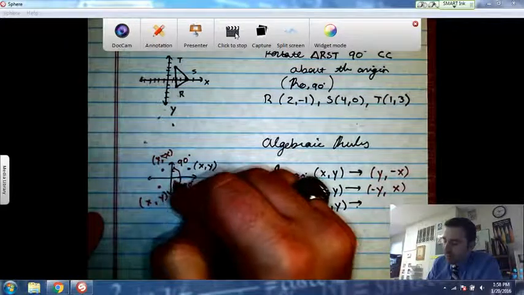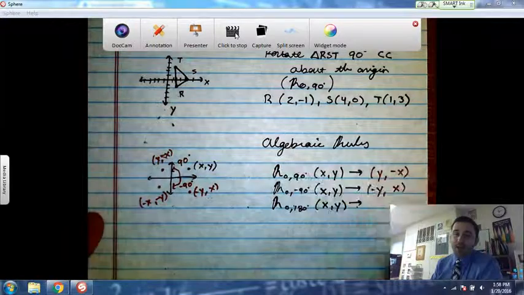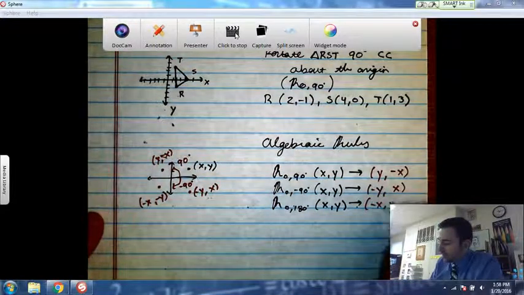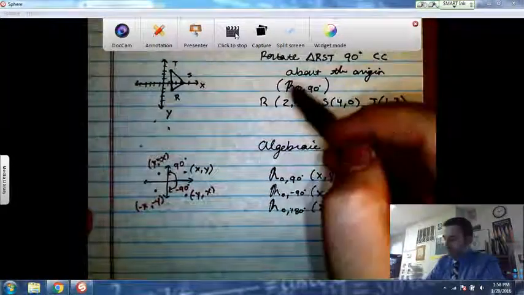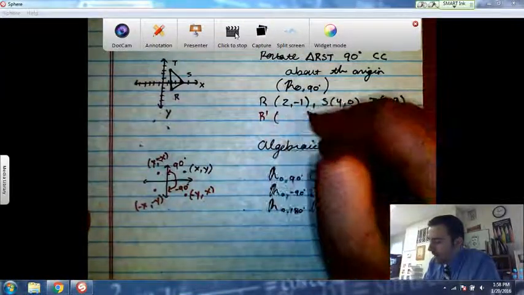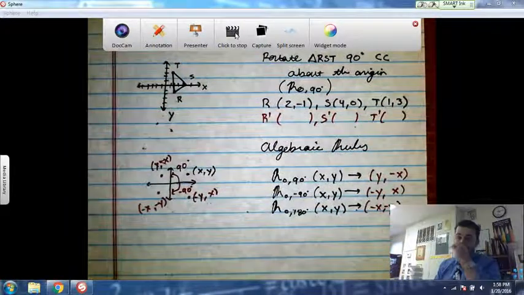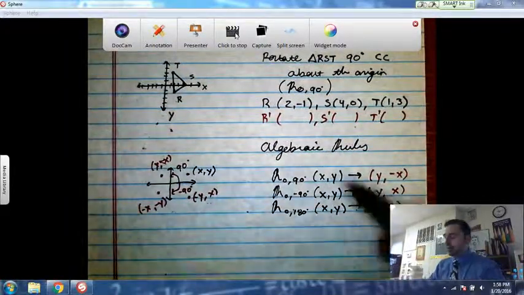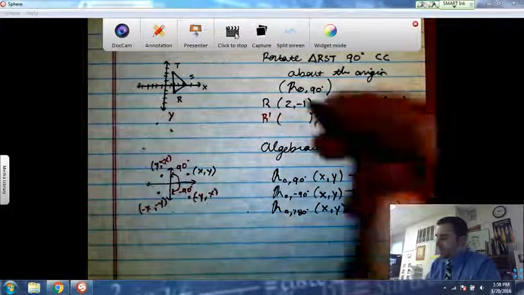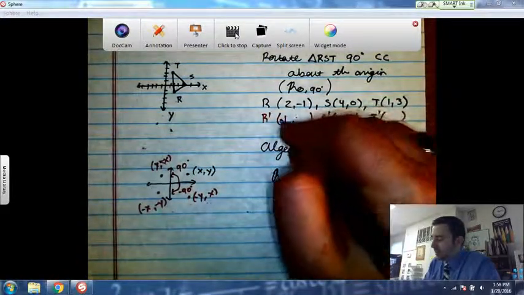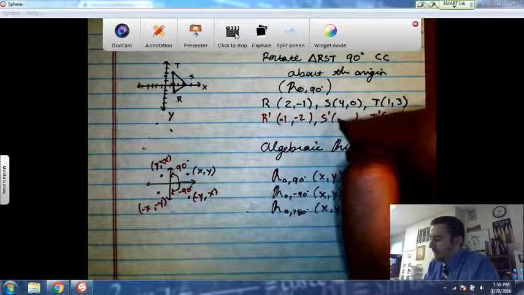However, notice I'm on the negative branches of both. And so it maps to opposite x, opposite y. So let's look at what that looks like for our figure here. Given triangle RST, if I want to rotate it 90 degrees, I am switching the x and y and then taking the opposite of x.